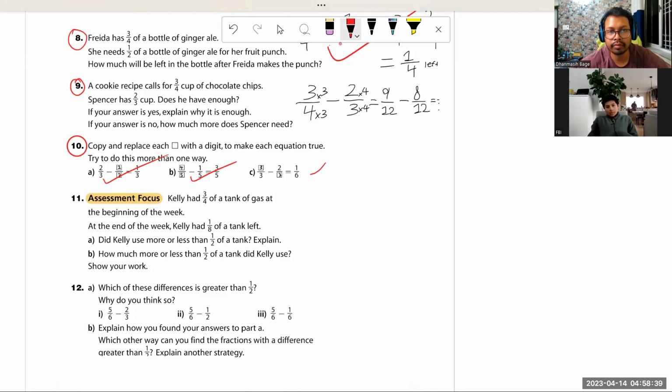No, that's wrong. Answer to this thing will be 1/3, and 1/3 is not equal to 1/6. Solve it once again. These two are correct. C is wrong.